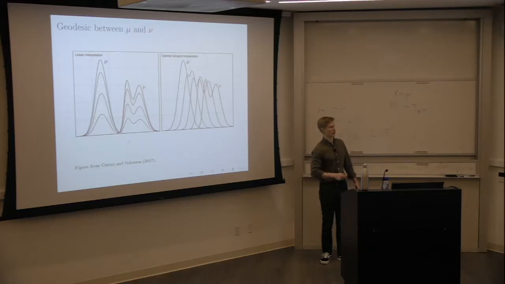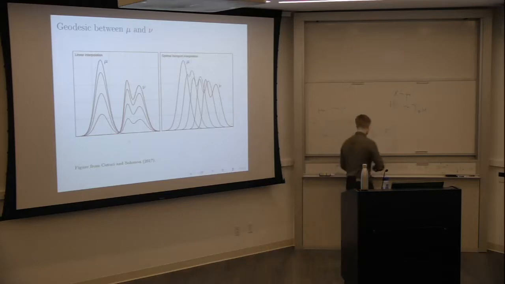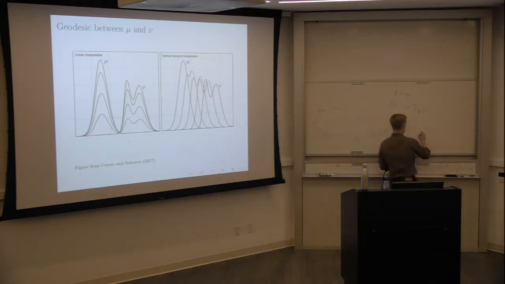If we take the linear interpolation, which is just a convex combination of these two, say (1 minus lambda) of mu plus lambda of nu, that's this one.